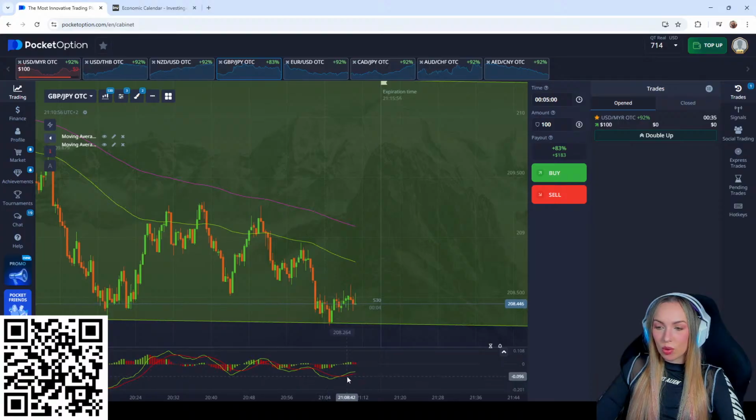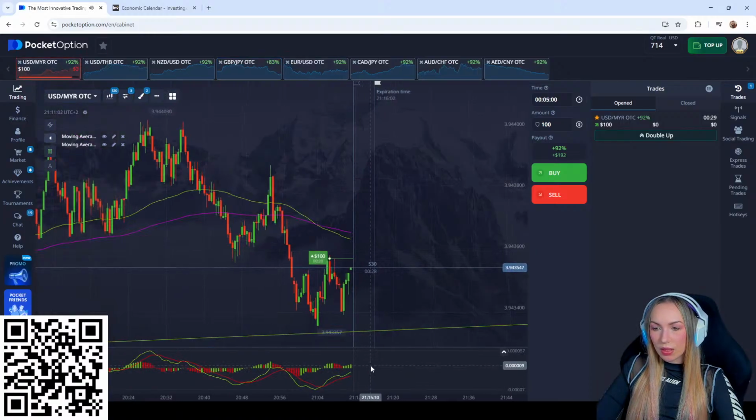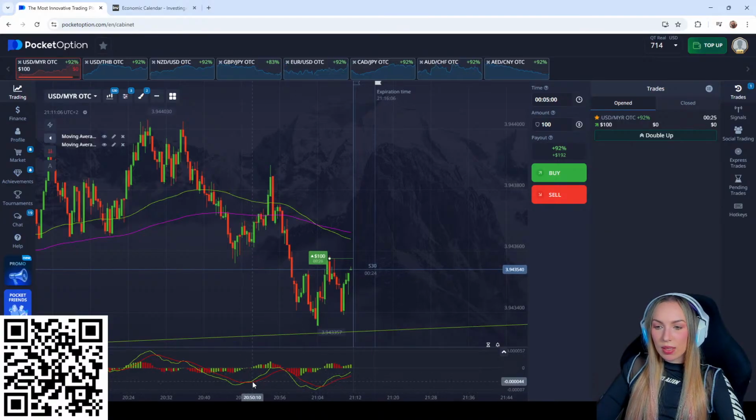Here formed the signal to open the trade in the upward direction, but I believe that this is the false signal. By the way, what about here? Here also actually it could be the false signal, because you see the MACD lines crossed in the upward direction in the oversold zone, but here was the crossing, and then here was the crossing, and this crossing is lower than this crossing.